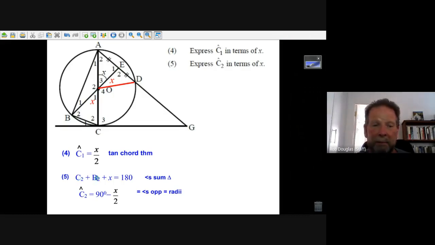So it's like 2C2 there because they're both exactly the same thing. And why is that? Because equal angles are opposite equal radius, equal sides. Well, if two of these are equal to 180 minus X, all we do is divide by 2. 180 divided by 2 is 90, and we get X over 2. So angle C2 is 90 degrees minus X over 2.